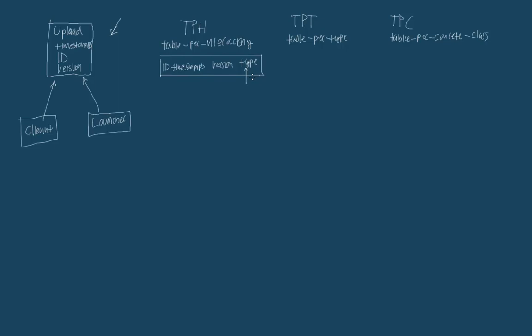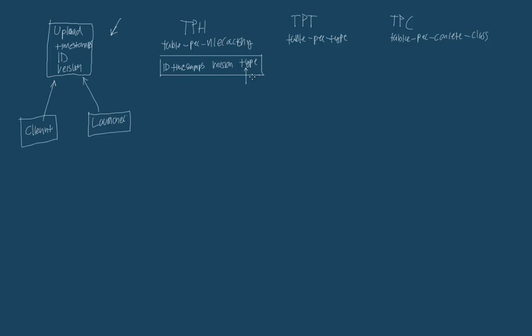We need some way to differentiate between those rows because Entity Framework needs to know which of the two classes to instantiate. And that's done with the discriminator column, typically called type. We can instruct Entity Framework to understand different kinds of discriminator values and map them to particular concrete classes in our class hierarchy.